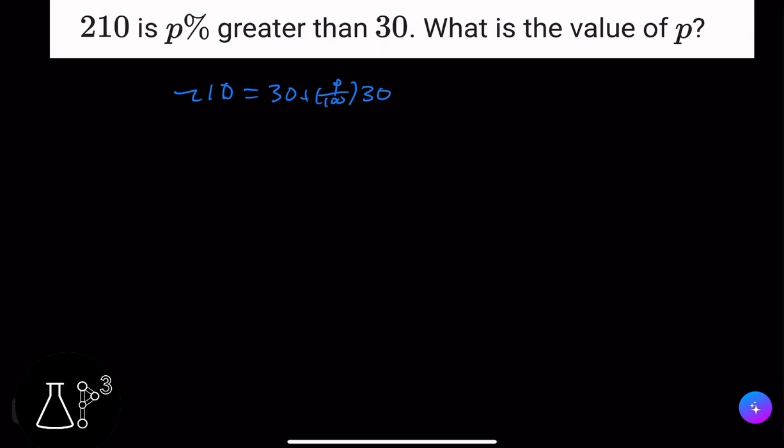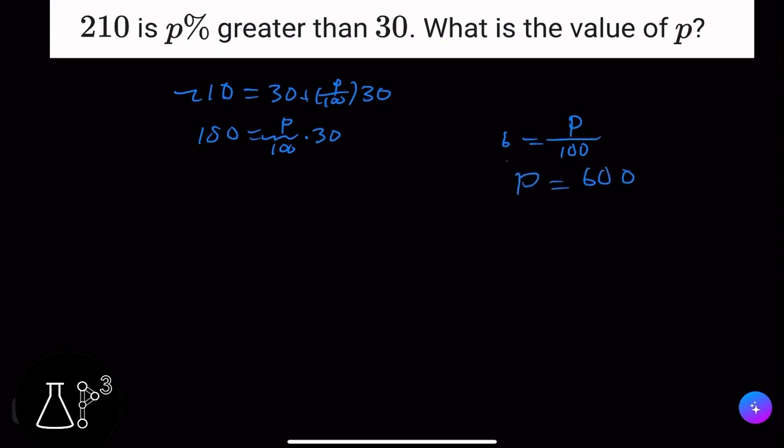And now all I have to do is solve for p. If I subtract 30 on both sides, I'm going to get 180 equals p over 100 multiplied by 30. If I divide by 30 on both sides, I'm going to get 6 equals p divided by 100. And if I multiply by 100 on both sides, I'm going to get p equals 600.